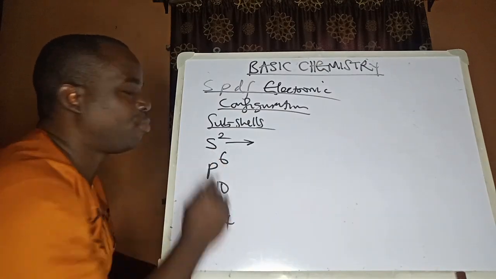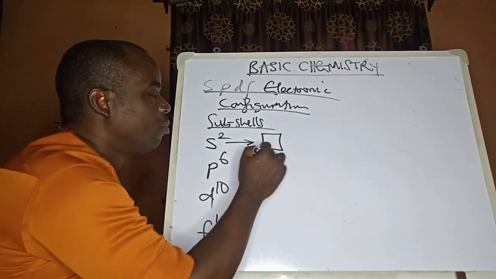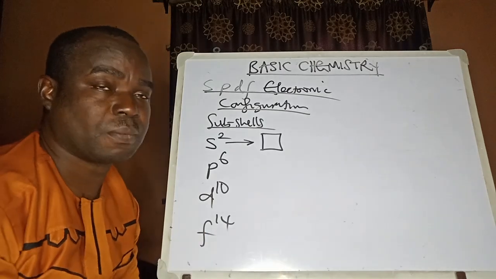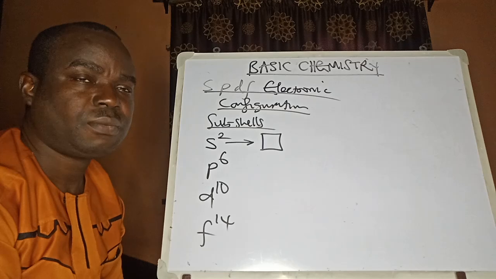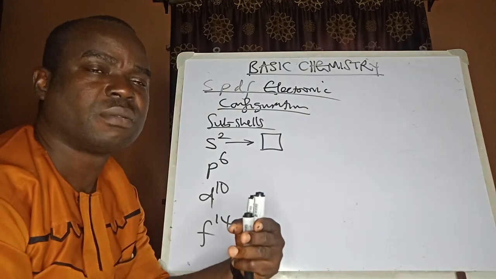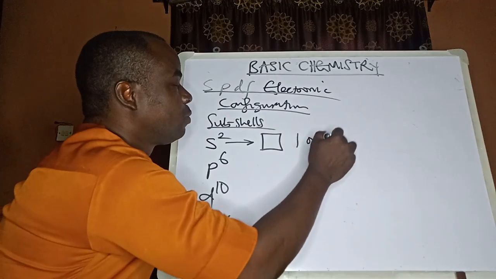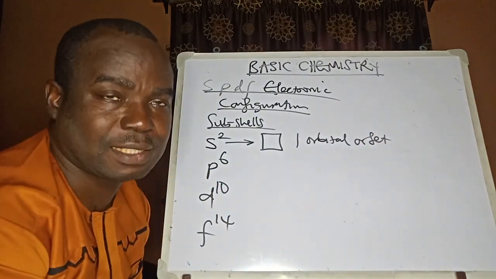This S block now has 1 box. Anyway, let me call it box for the purpose of introduction. This box is called an orbital, or you call it a set. So this is 1 orbital, or 1 set.